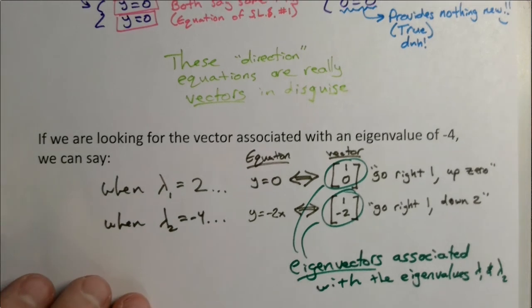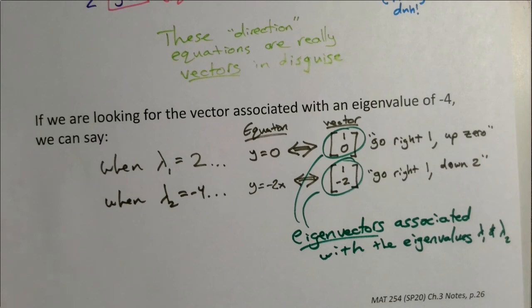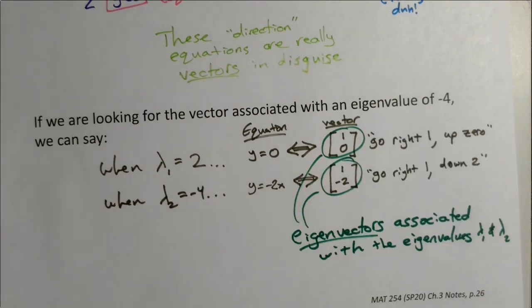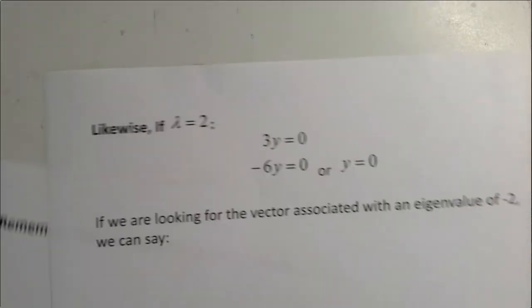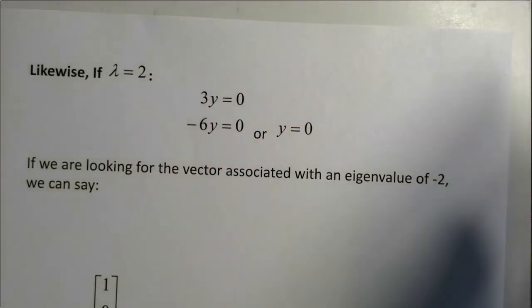And on the top of the next page, you'll notice that there's some information. I kind of jumped ahead. This one says for eigenvalue of negative 4. I wound up doing them both here on this page. So at the top of the next page, it basically is just saying do the same thing for lambda equals 2, and you wind up with what you'd expect. Right? y equals 0.